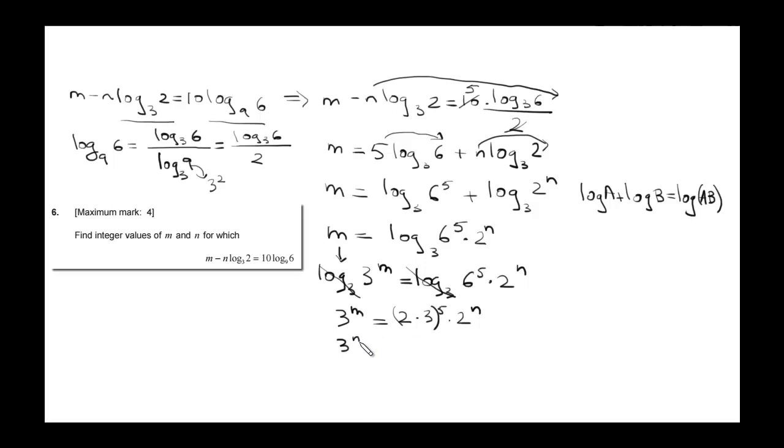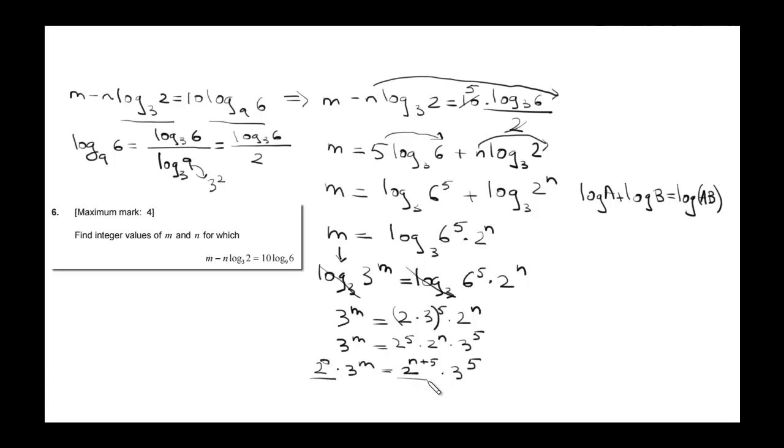Therefore 3 power m equals 2 power 5 times 2 power n times 3 power 5, or 3 power m equals 2 power (n plus 5) times 3 power 5. On the left hand side we don't have 2 to any power, so it's as if we imagine we have 2 power 0.